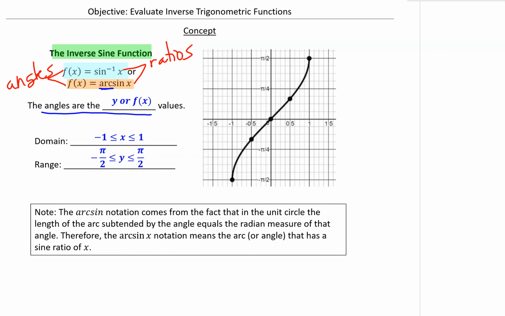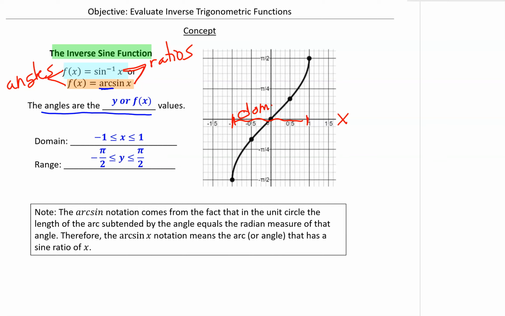One of the things we learned previously is that sine's maximum value is +1 and its minimum value is -1. That now becomes its domain, because these are the sine values, our x's. Here's our x-axis, so our domain goes from -1 to +1.